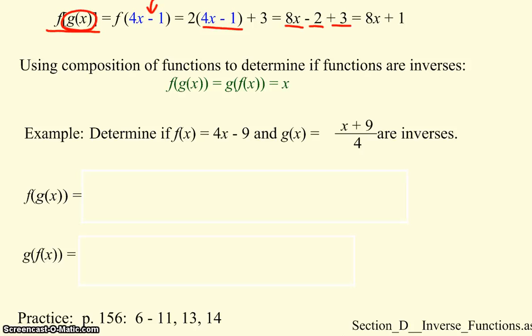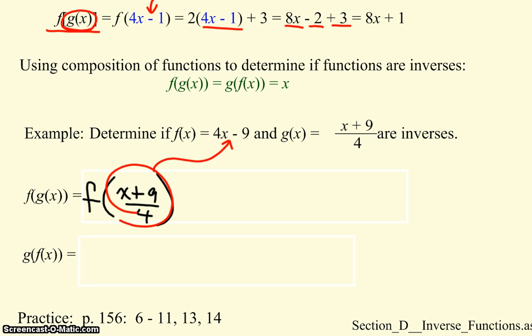So the first thing I'm going to do is f of g of x. That means I'm going to do f of x plus 9 over 4. Meaning I'm going to take this x plus 9 over 4 right here, and I'm going to put it in the f rule everywhere there's an x.